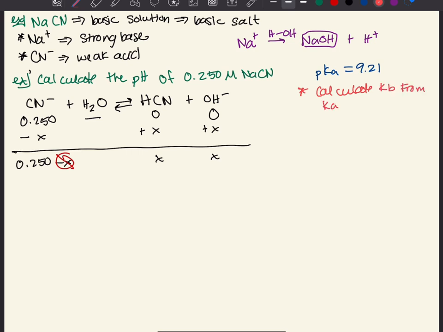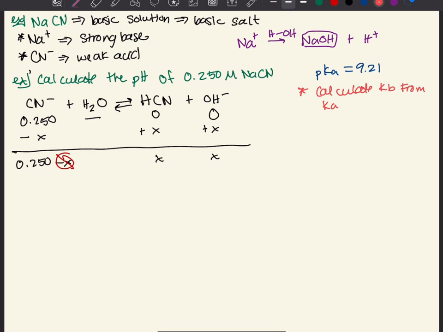And this is important. If you have cyanide and you want to try to find Kb for cyanide, you're not going to find it. Generally, only the Ka and Kb values are given for charge neutral species, or if it's a polyprotic acid, for the acids as you take off the protons. You're not going to find the pKb of a conjugate base like cyanide.